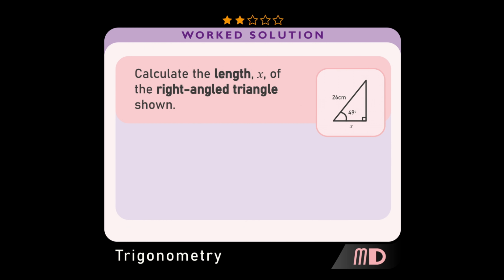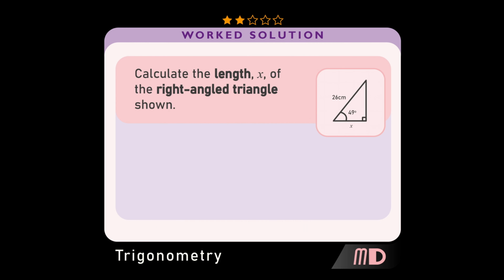There are generally two strategies for solving a problem involving a right-angled triangle. When the lengths of two sides are known, Pythagoras' theorem is applied to find the third side.